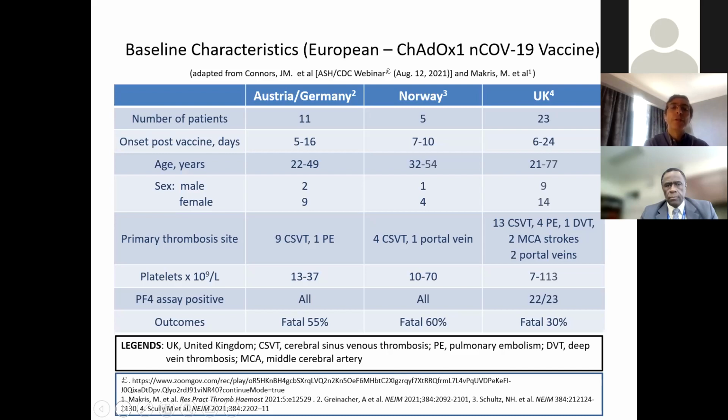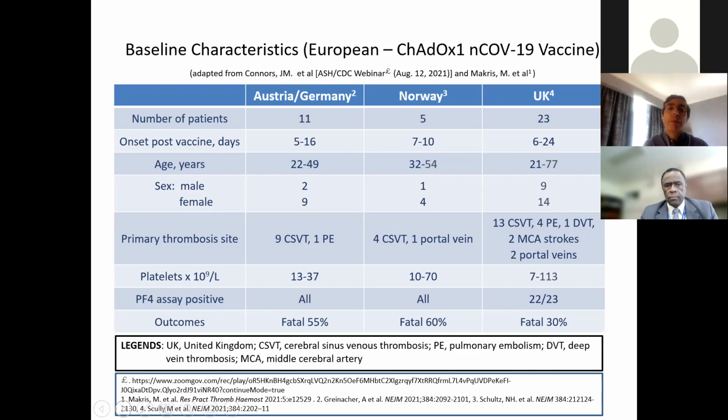We can see the onset post-vaccination spanning from 5 to 24 days in young adults aged as high as 77, with a female preponderance, and the thrombotic sites that were reported more commonly, again, the cerebral sinus venous thrombosis, but also a few other anatomic sites involved in the abdomen, such as the portal veins, but also pulmonary embolism and deep vein thrombosis.